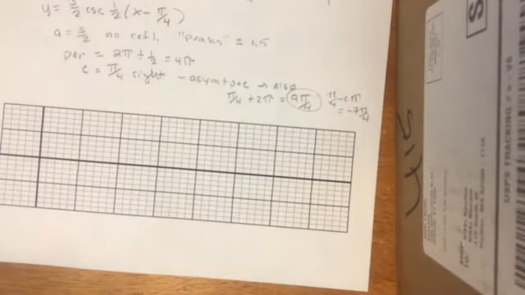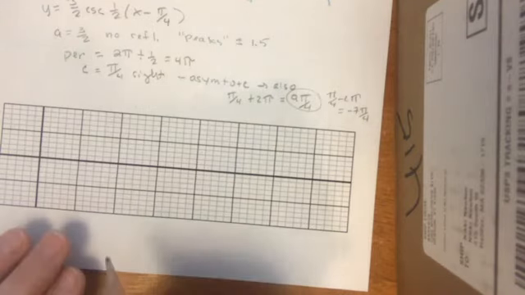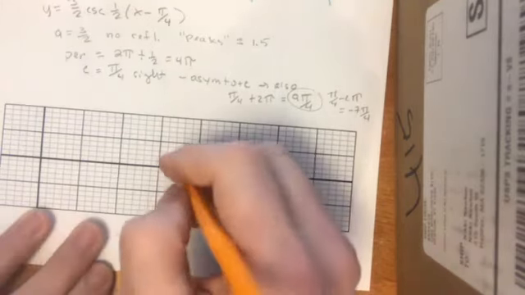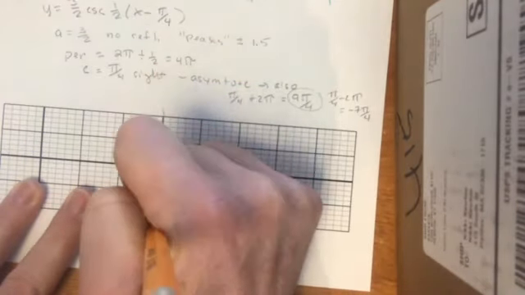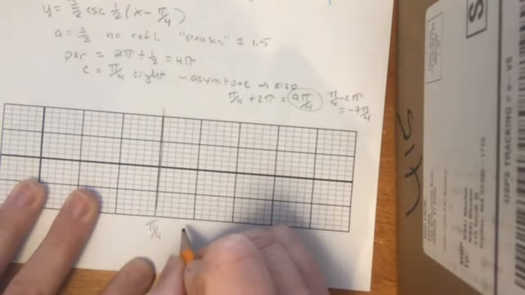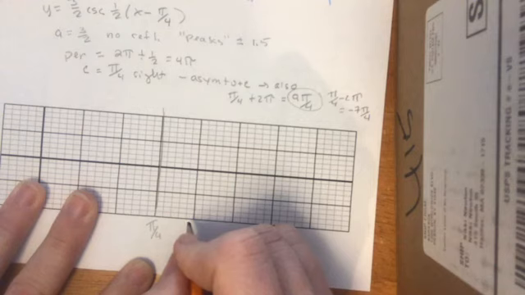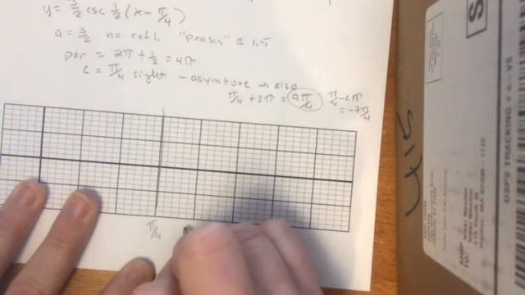So I need to label my axes so they work. And I've got things in multiples of pi over 4. So I'm going to put pi over 4 here. Actually, I'm going to count by every other pi over 4.